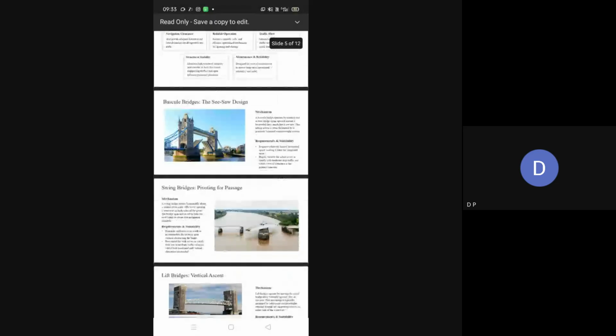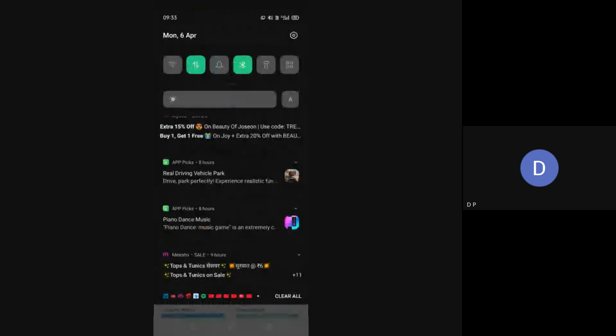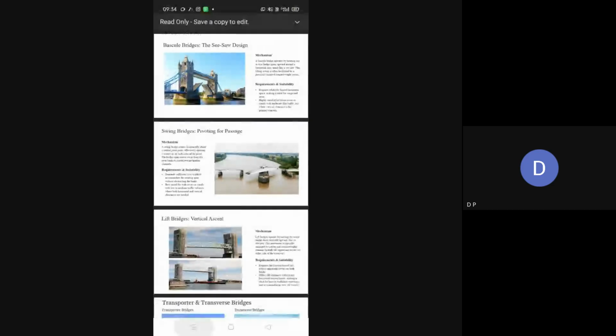Requirements and sustainability: requires relatively limited horizontal space, making it ideal for congested areas. Swing bridges mechanism: a swing bridge rotates horizontally about a central pivot point.